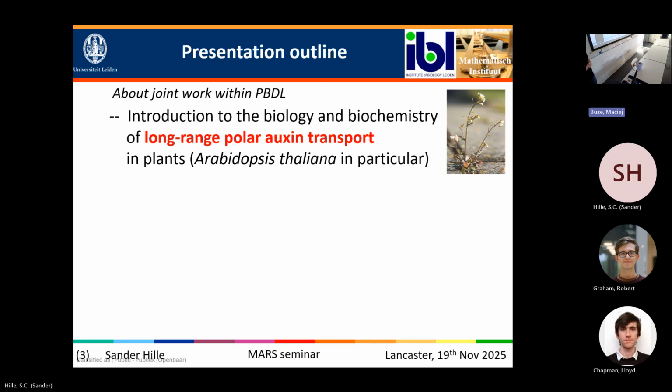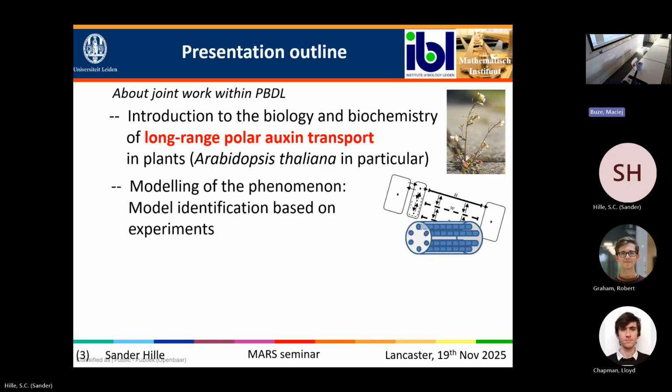It's about this simple weed that you may find in the street. It's a model system in plant biology, the E. coli of plant biology, called Arabidopsis thaliana, and it's about long-range polar auxin transport. I will introduce you later to the biology, so that you have an idea what it is about.